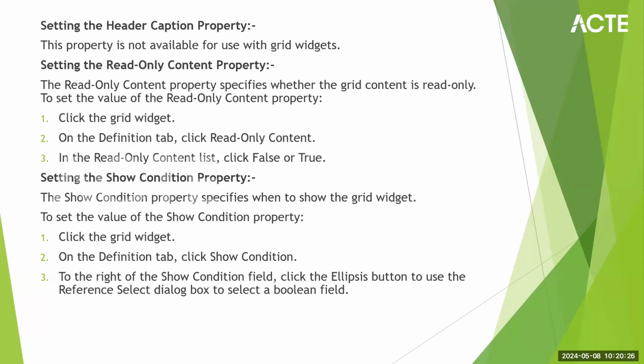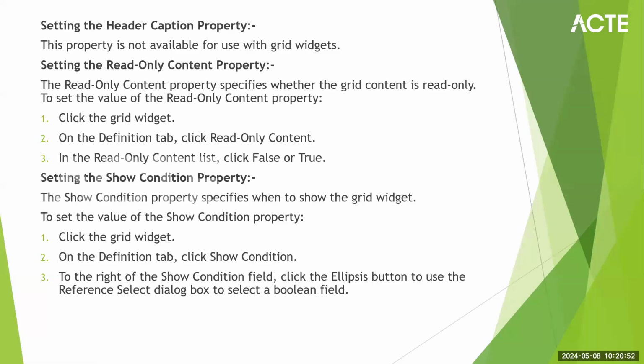Setting the show condition property. Show condition property means, if you have any condition that a particular grid wizard should be displayed on a particular screen at so and so time, after click of the value or after click of the particular state or particular effective date, how do you specify that?